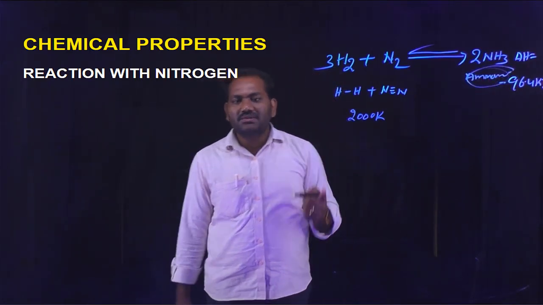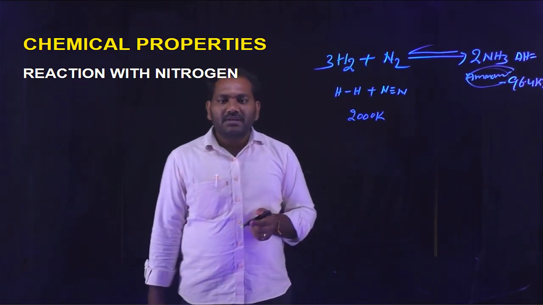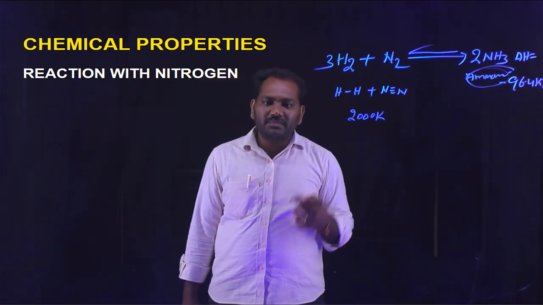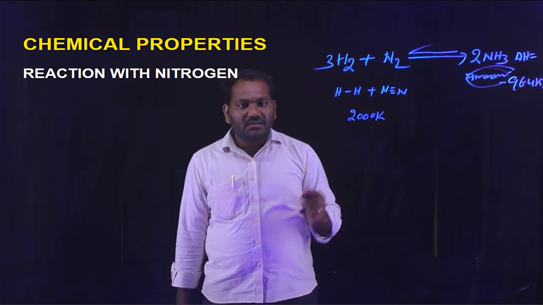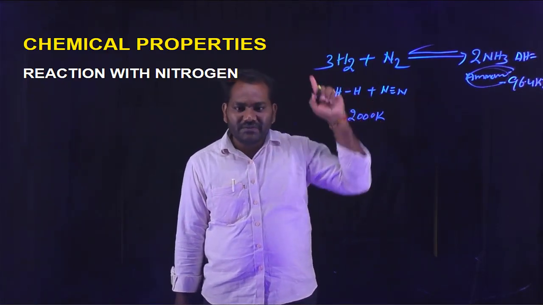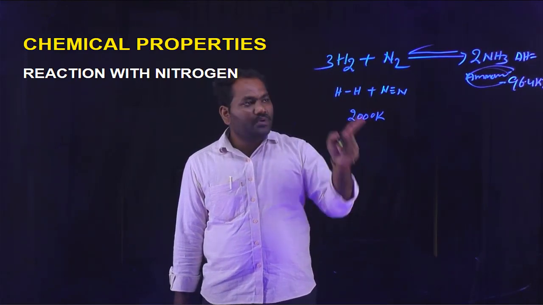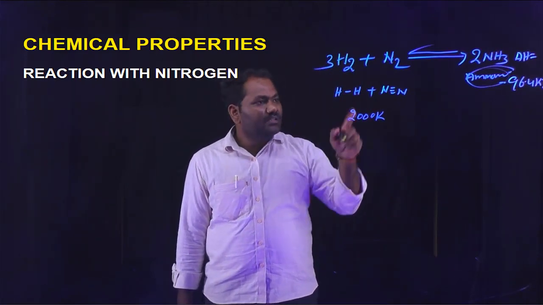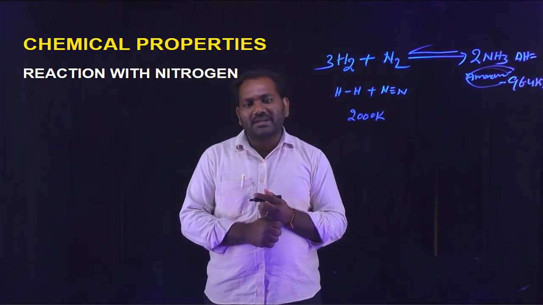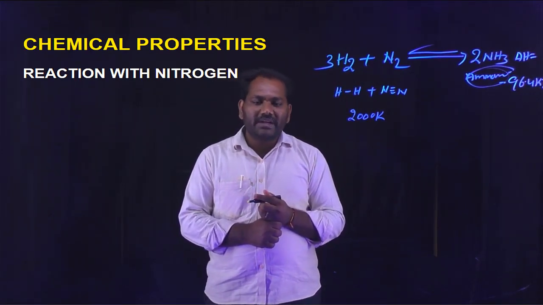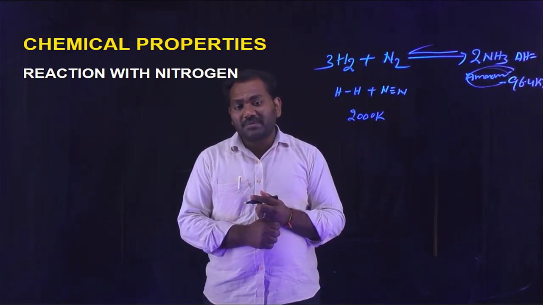Generally it is used in the preparation of urea. Urea is one of the major compounds that plays an important role in the agriculture sector. That's why ammonia manufacturing is also very important. This process is called the Haber process. To get a good yield of product, you have to maintain some conditions, called optimum conditions.